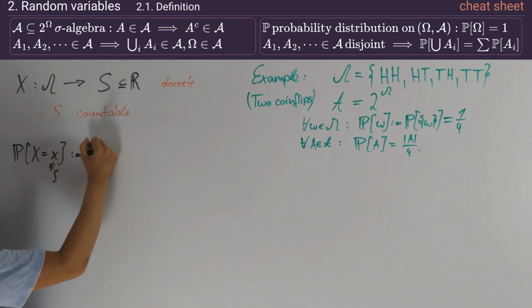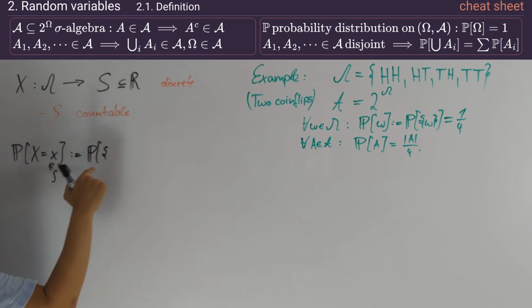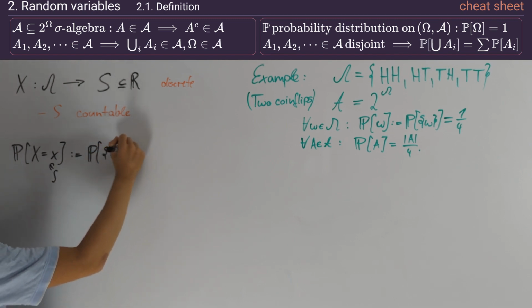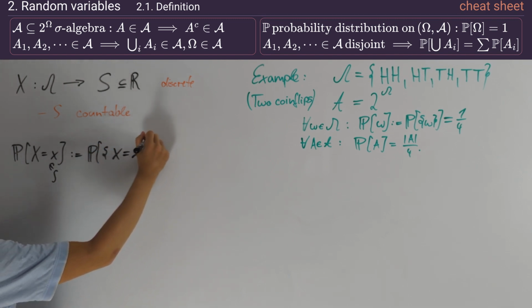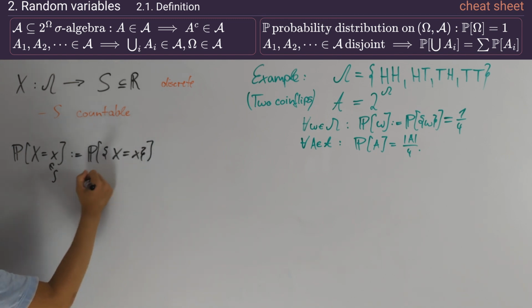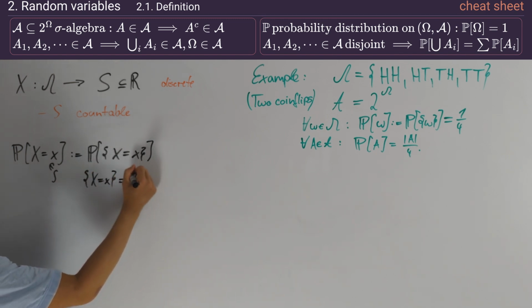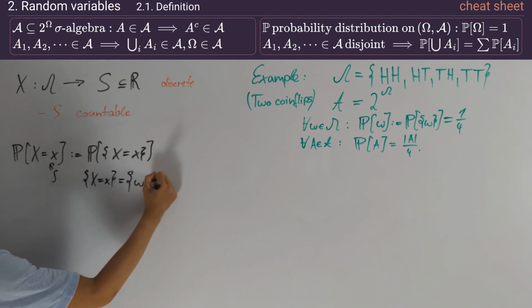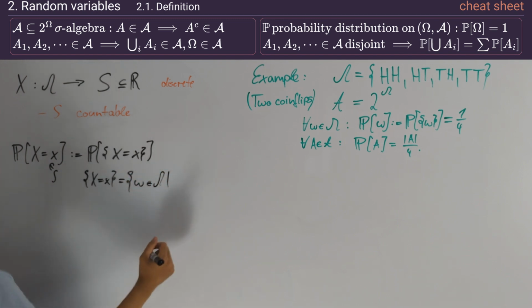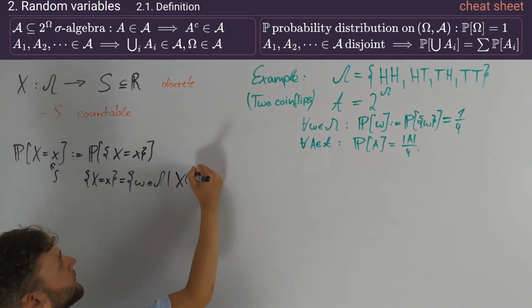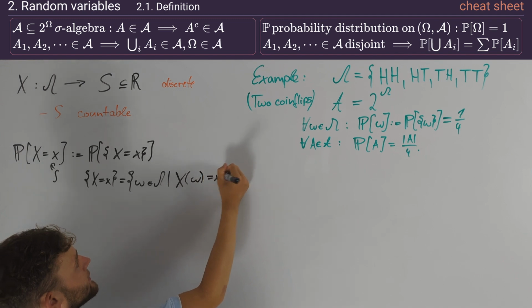Namely, this is a shorthand for the probability of the event that capital X equals x, and moreover, we define the event capital X equals x as the set of all omega in Omega such that X of omega equals x.